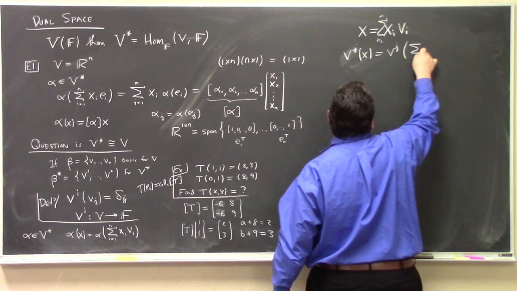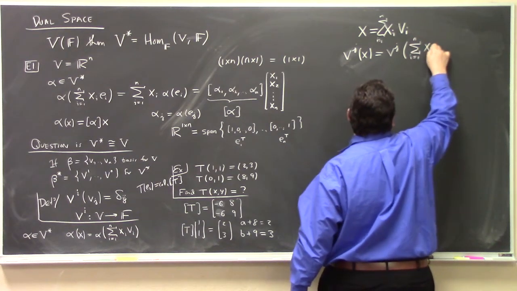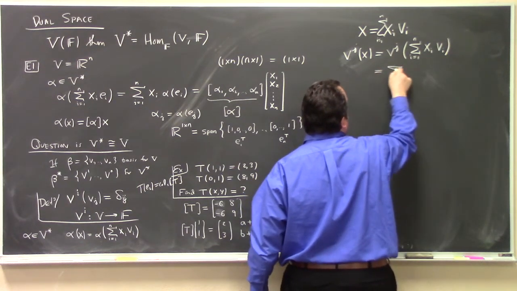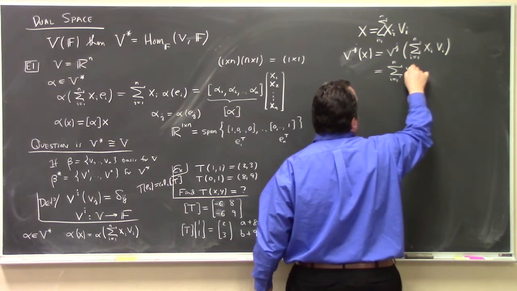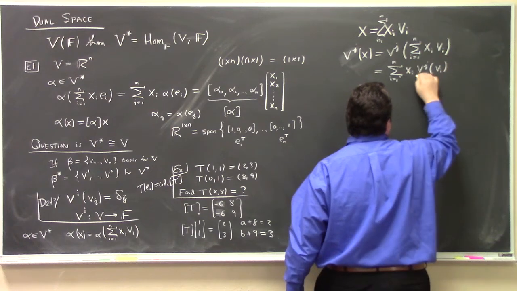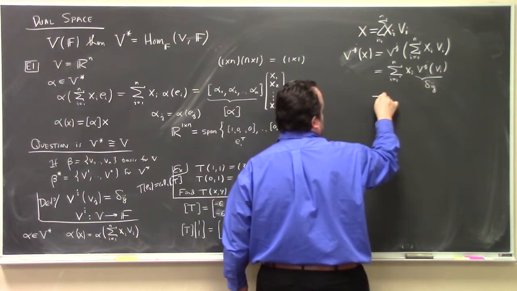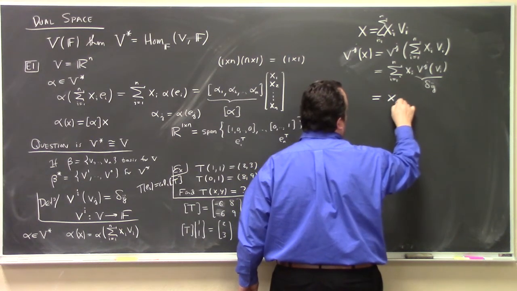You get all the x_i's and V_i's except for when i is equal to j, you get a 0 on that term. By construction this is the Kronecker delta ij, and so that summation just drops back to x sub j.